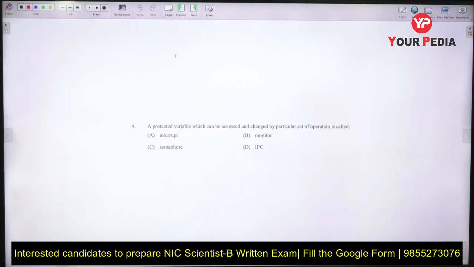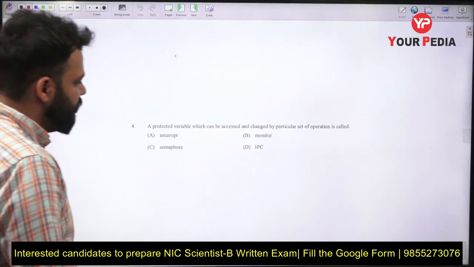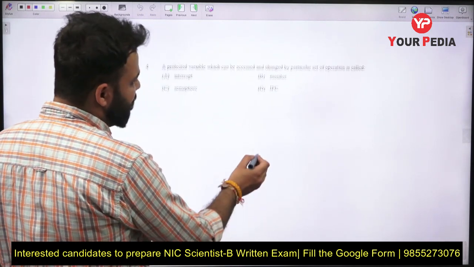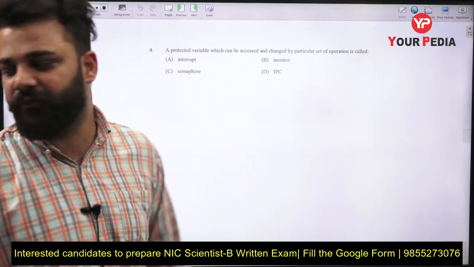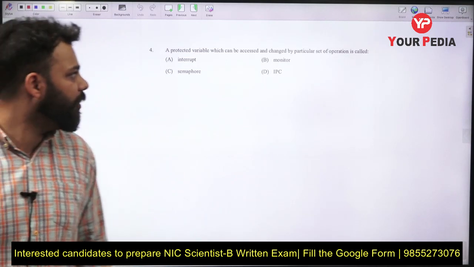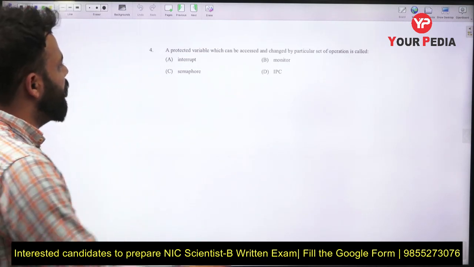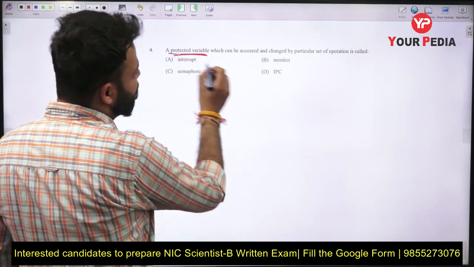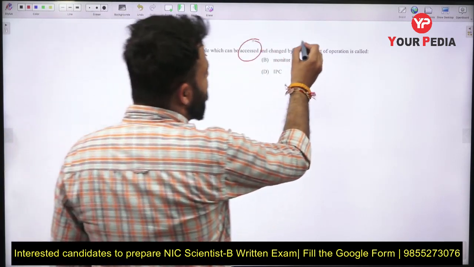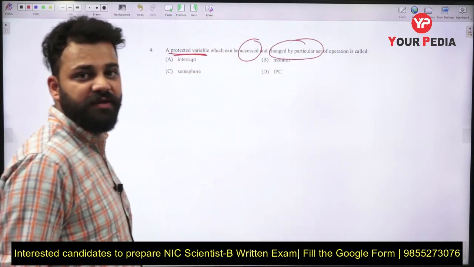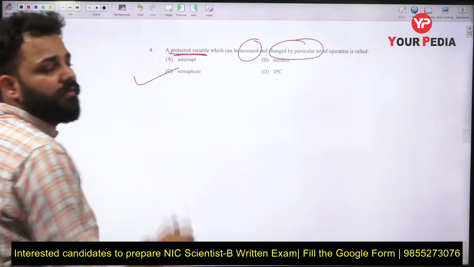Now the next question is, a protected variable which can be accessed and changed by a particular set of operations is called what? This is nothing but semaphore.